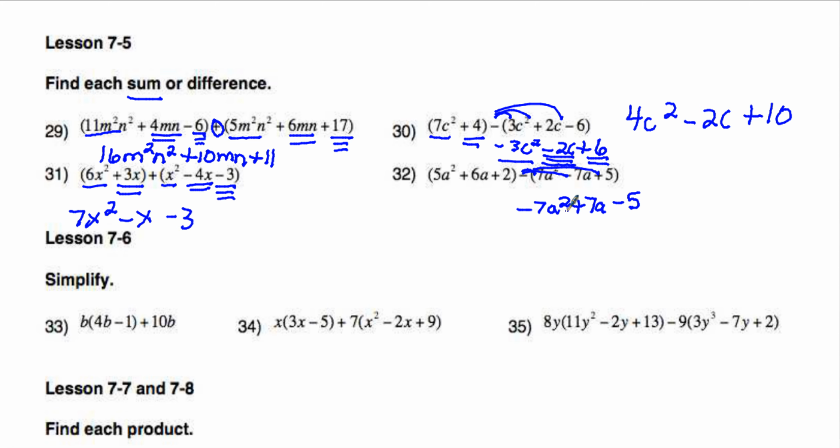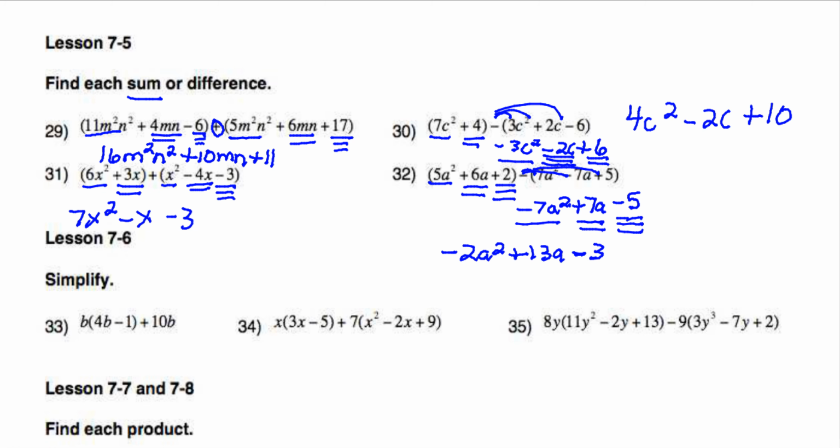So now I've rewritten those. I don't have to put them in parentheses anymore because that's already been distributed. So 5a squared and negative 7a squared. Then I've got 6a and 7a and 2 and negative 5. So let's add our like terms, and we get negative 2a squared plus 13a minus 3.